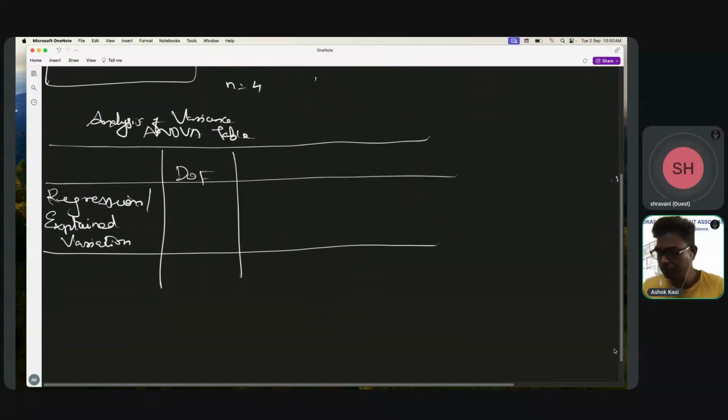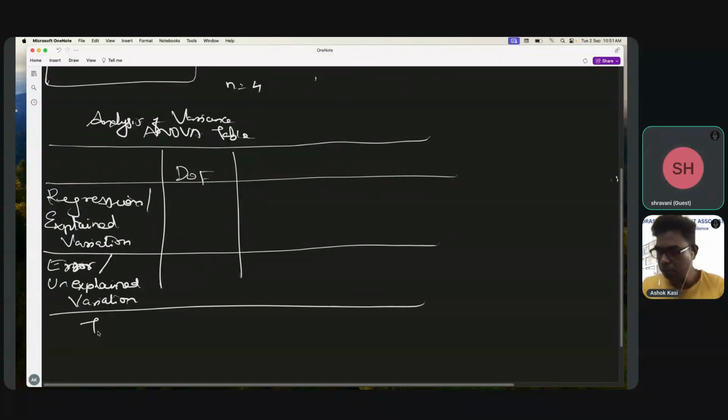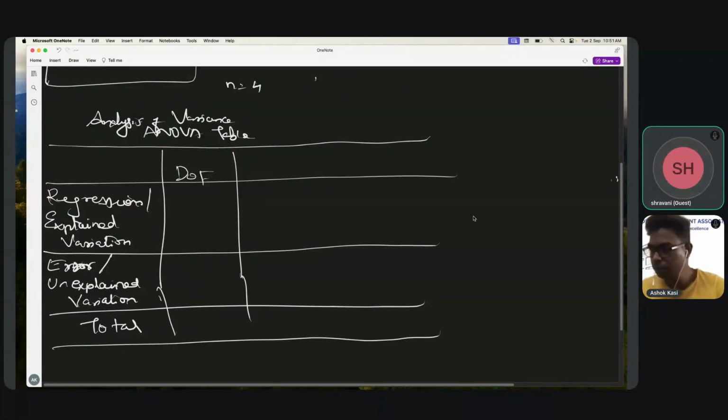Then error. Error is unexplained variation. And then total. Degree of freedom, this is SS. SS means sum of the squares.